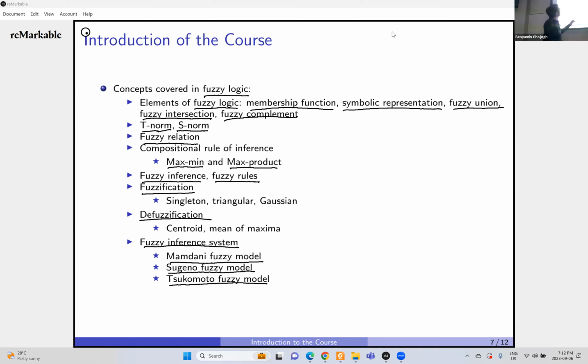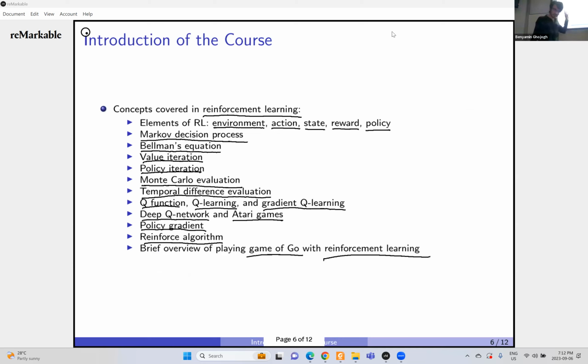Okay, by the way, I forgot to say a little bit about reinforcement learning. So, what is reinforcement learning? Assume I want to teach a dog, right? I want the dog to come to me whenever I come to the house. The first time I come to the house, the dog doesn't come to me.